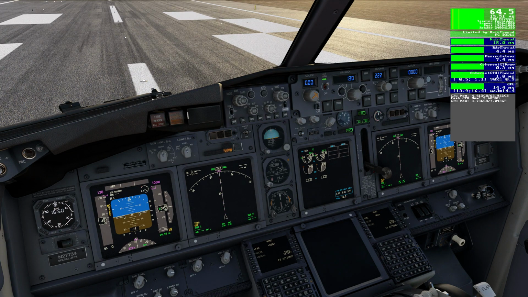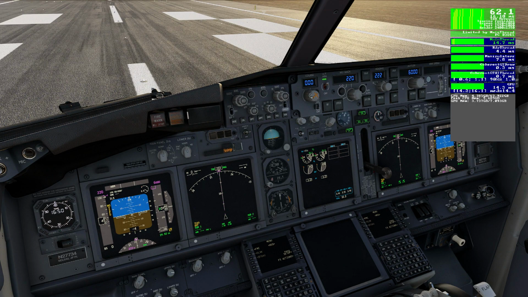I should be able to fly this. Just going to set up 220 as my target there, no higher than 6,000 feet.